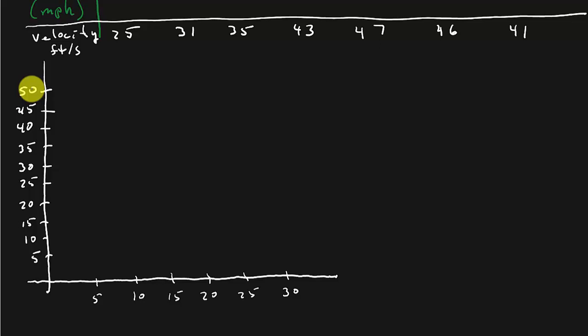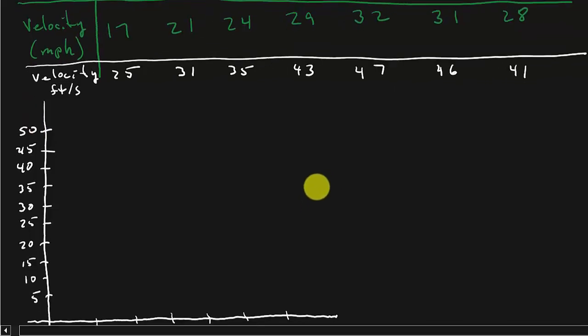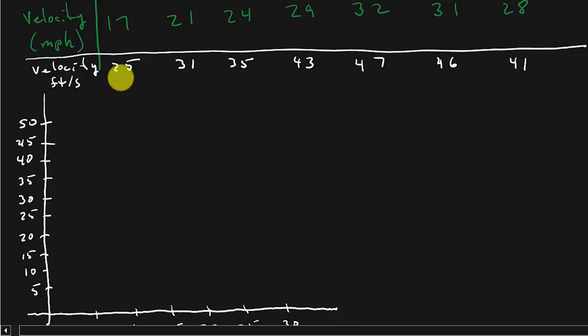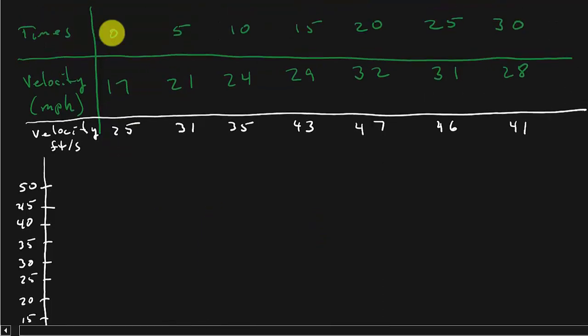Now, let's plot these points. So keep in mind, this point here is 0, 25. This is the point 5, 31. This is 10, 35, 15, 43.